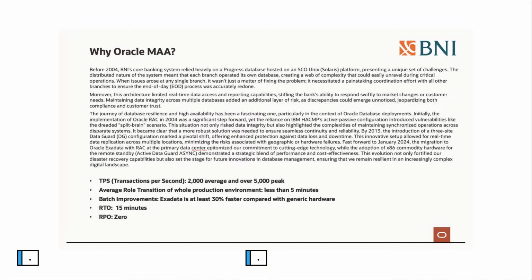After that we moved to RAC. But there were some challenges at that time because we were using the IBM technology HACMP, where there might be a possible split brain because of the difference in architecture: the technology from IBM is actually active-passive, while RAC is actually active-active.